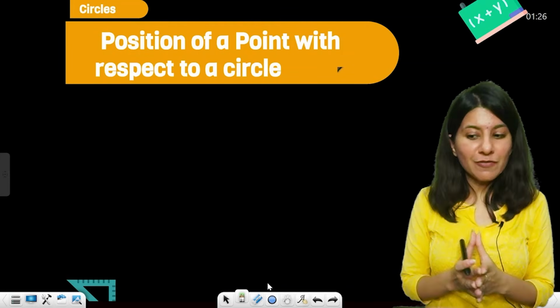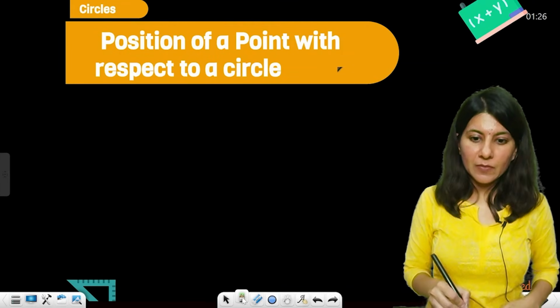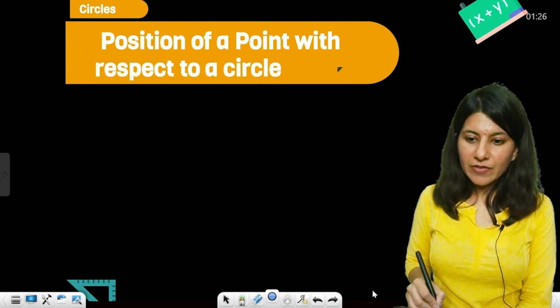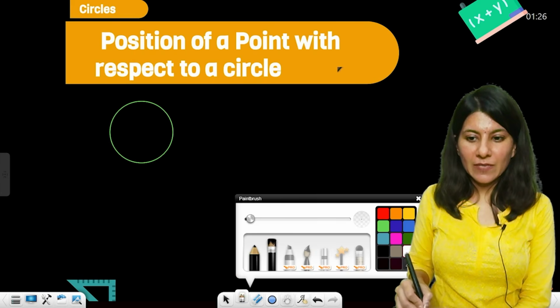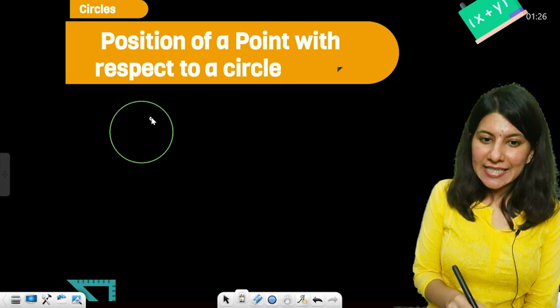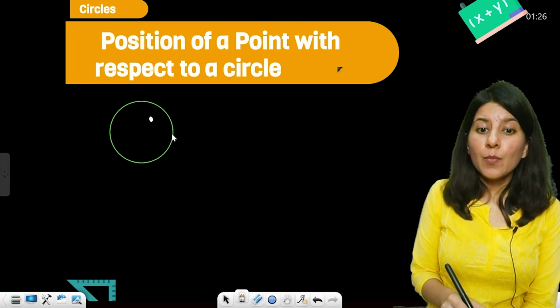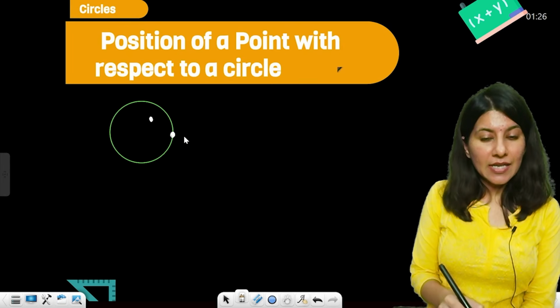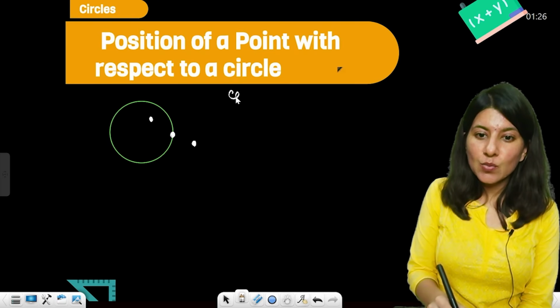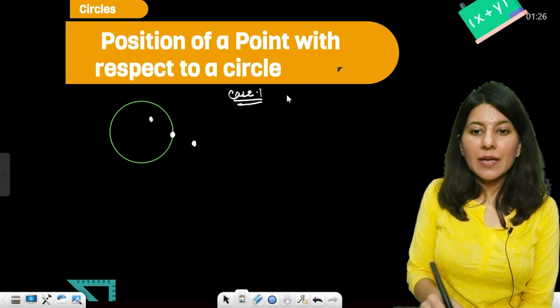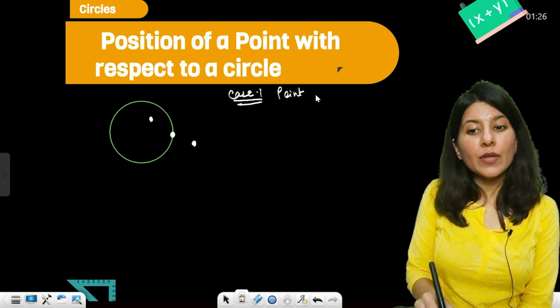Okay, so position of a point with respect to a circle. If a circle is there, now there will be three cases. Point lies inside the circle, point lies outside of the circle. Now case 1, when the point lies on the circle.